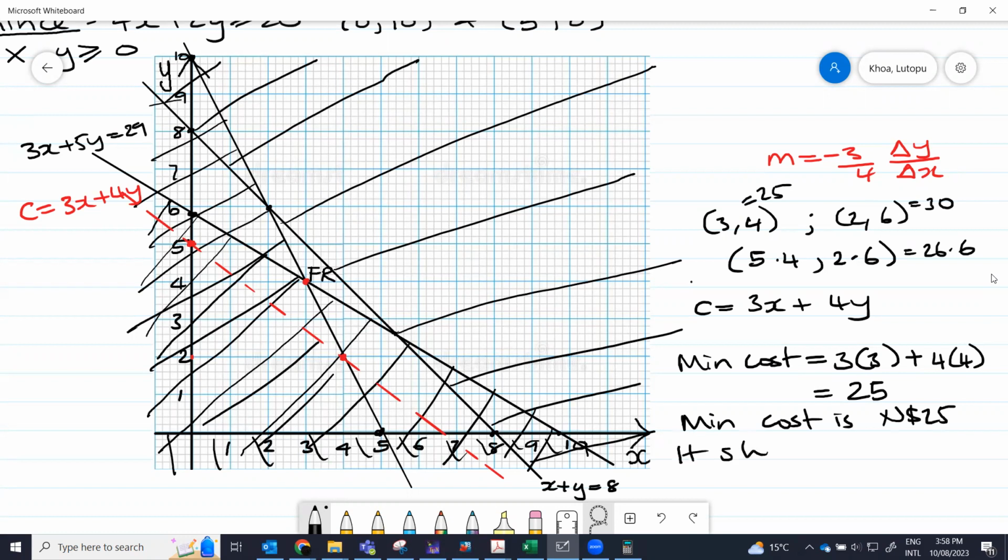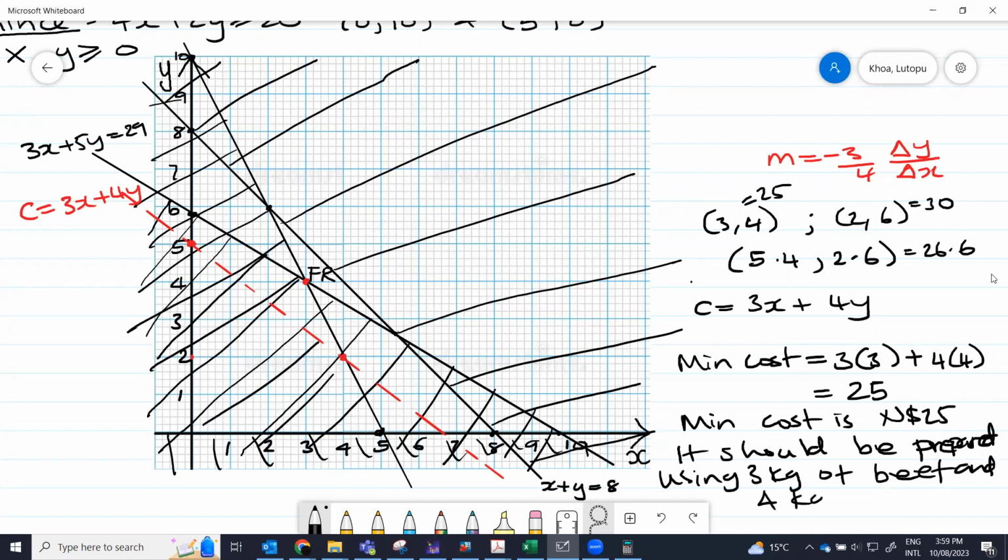It should be prepared using 3 kg of beef and 4 kg of pork. Okay, and that is how you would get all the marks in the test. I hope you did very well. Best of luck in the test.